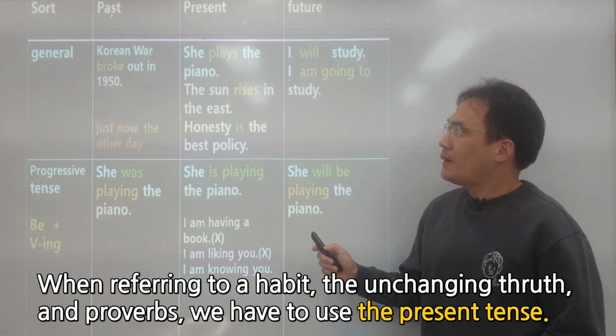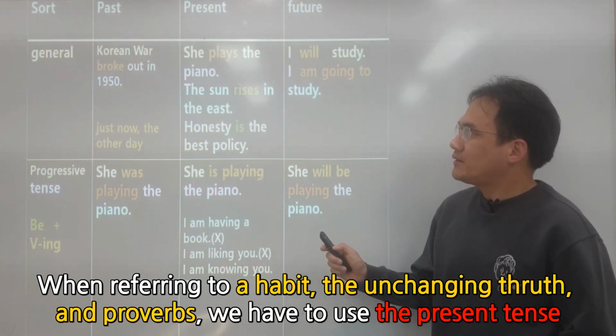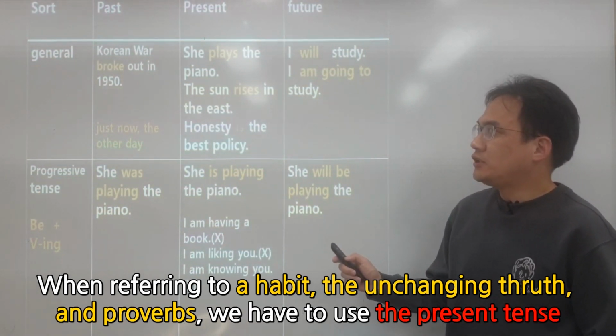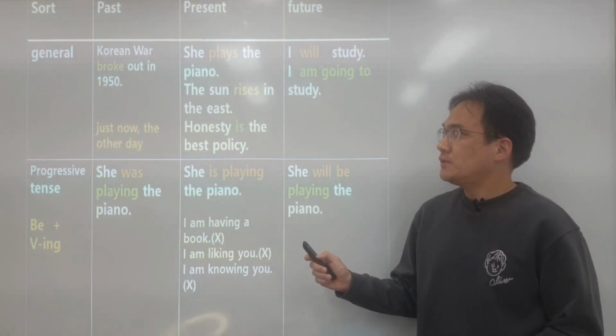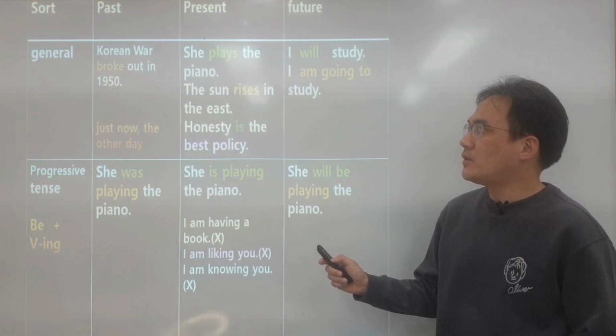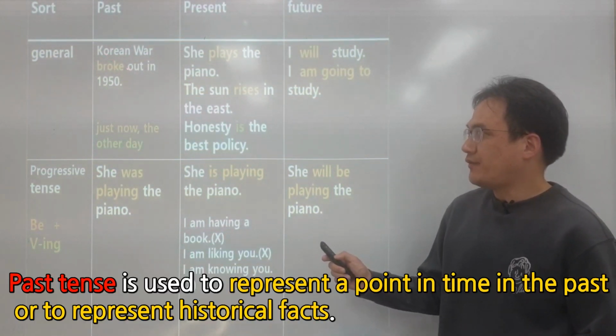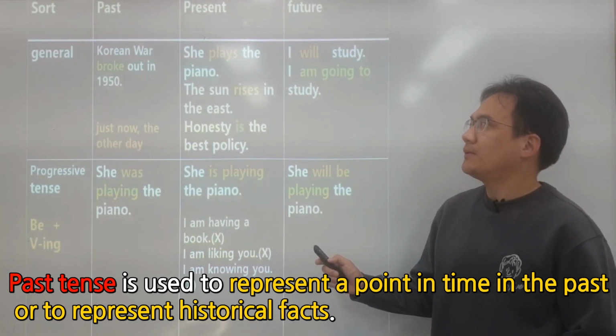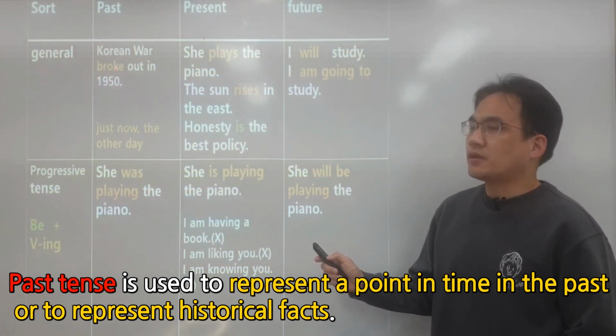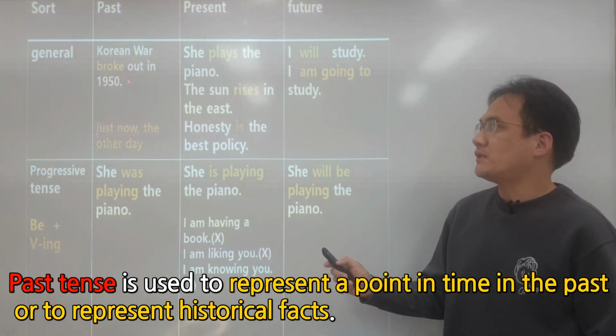And past tense is used to indicate a certain time in the past or to represent a historical fact in the past. Korean War is a historical fact, and broke out.